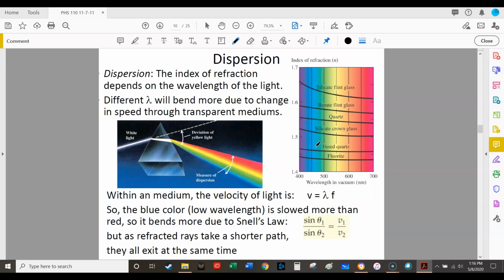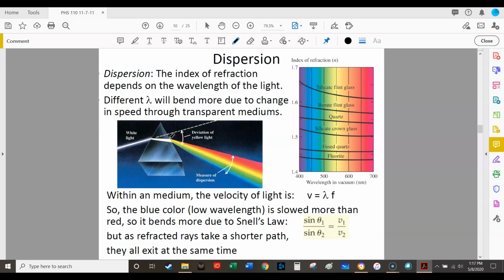So that brings us to dispersion. Dispersion is not like a bad thing in physics, like when you cast aspersions on someone. What dispersion is, is this: if you have white light that is refracting into any medium that's denser, at some point that white light is going to start being separated into its other colors, right?